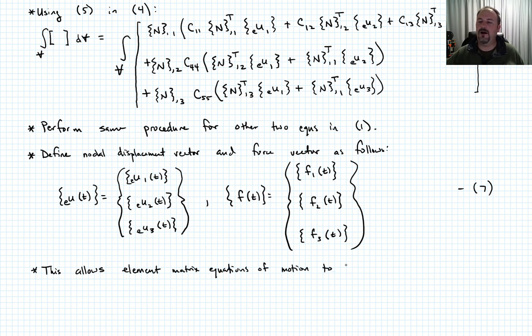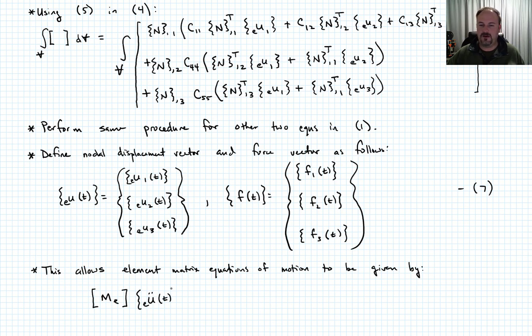to be given by the following, where we have M. I'm going to put an E to remind you it's part of the element. ME, and we did this in the last lecture, times U double dot, which could be a function of time, right?